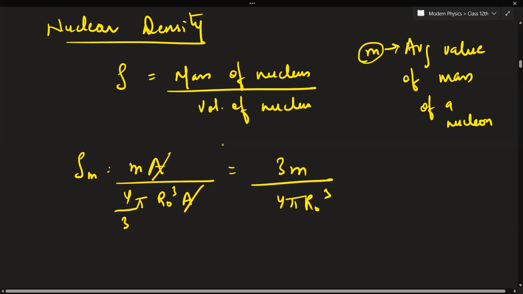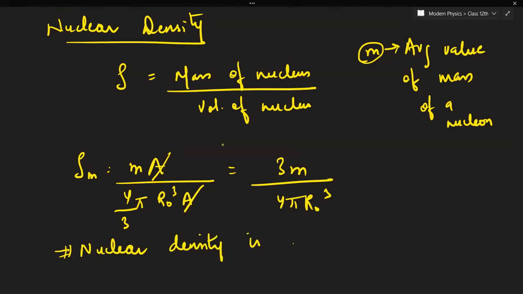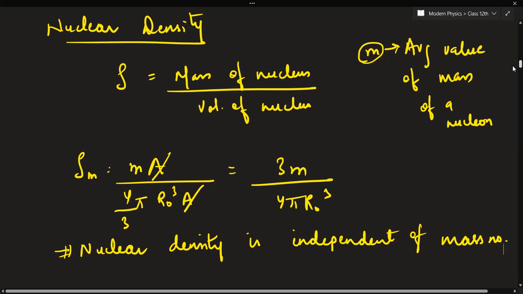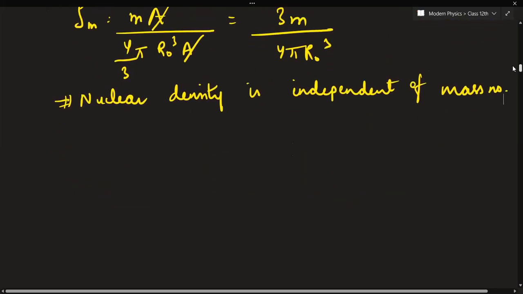This result is very important. This shows you that nuclear density is independent of mass number. It means if you talk about calcium, strontium, germanium, beryllium, every element will have the same density.